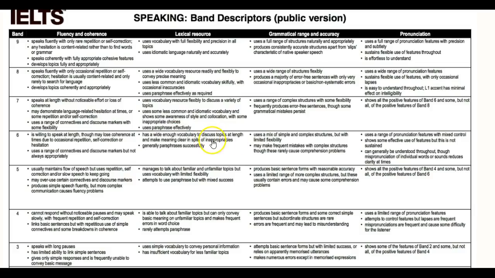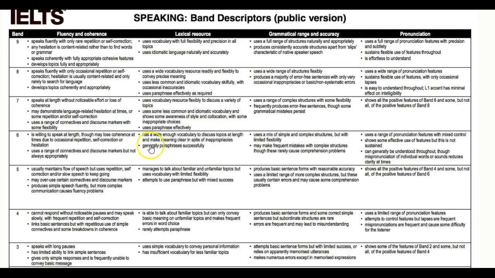There might be some inappropriacies. You may use the wrong words at times. But essentially, you can get through those 14 minutes and make the examiner understand your answers and your opinions about all the topics that you talked about.